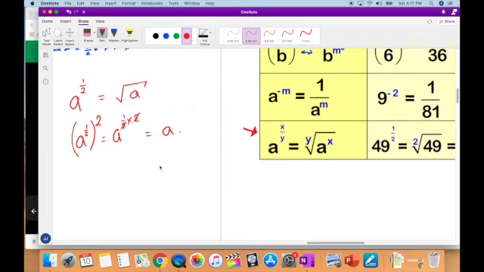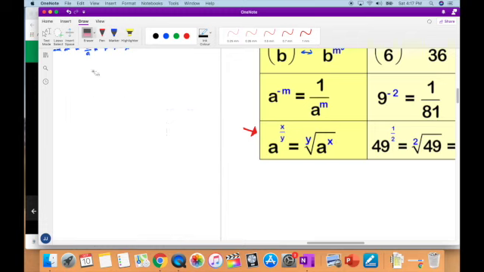So therefore, if I take this and square it, you would get a. And you know that the square of a square root is a. Right? Now, at the end of the day, I am just reminding you guys that a to the power of a half is the square root of a.